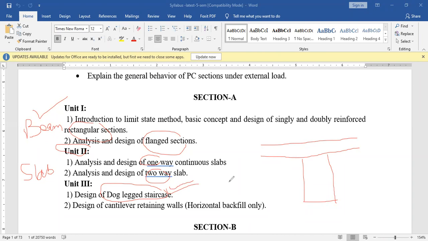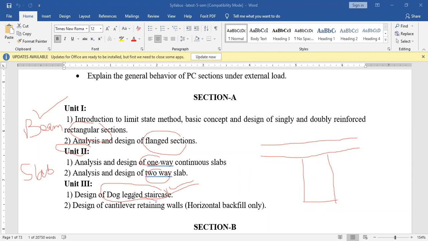Though there are different types, in this particular subject and unit number 3, that's the only thing you will have to design. That does not mean that you should not design the other types by yourself. You can go ahead with the other sections as well.